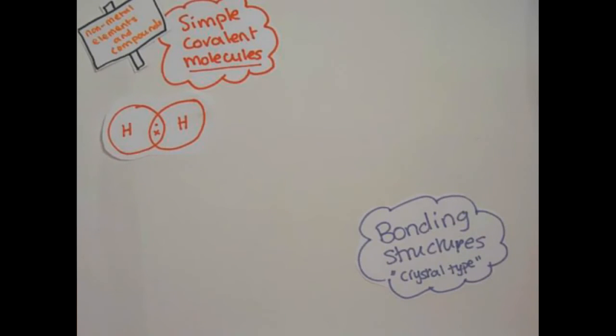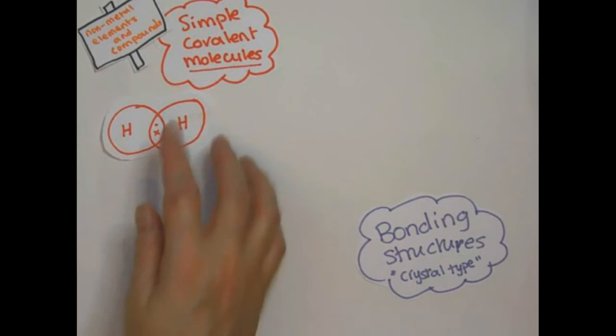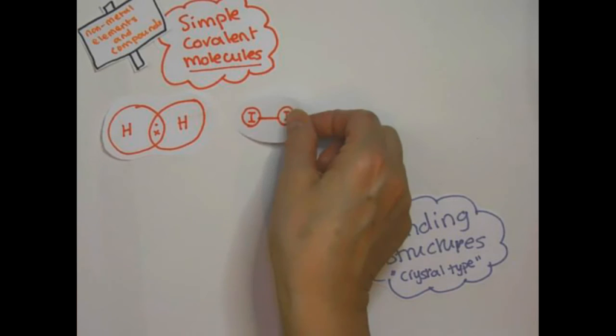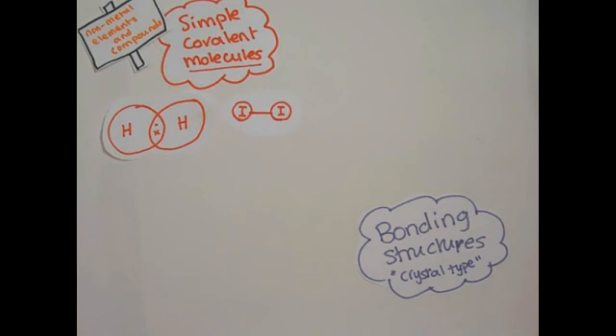So dot and cross diagrams are also called Lewis diagrams. And we can show that the electron pair is being shared between two atoms here, and we can see the overlapping orbitals. Another way of showing that is using a ball and stick diagram, and that's a nice way to look at those covalent bonds.